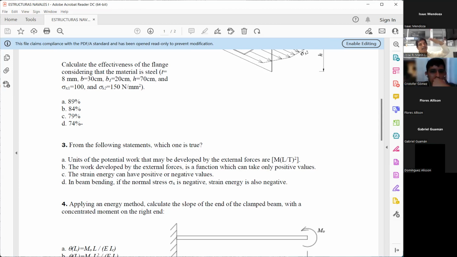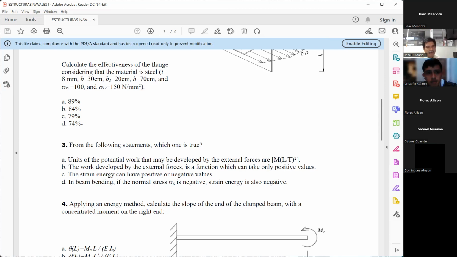You have a beam, for example, with a force pointing downward, but you have something else here, it can move there. So in this case, the force doesn't move in this direction, but moves upward. So yeah, you can have positive or negative value for the external work. Okay, thank you, Mr. Guaman.